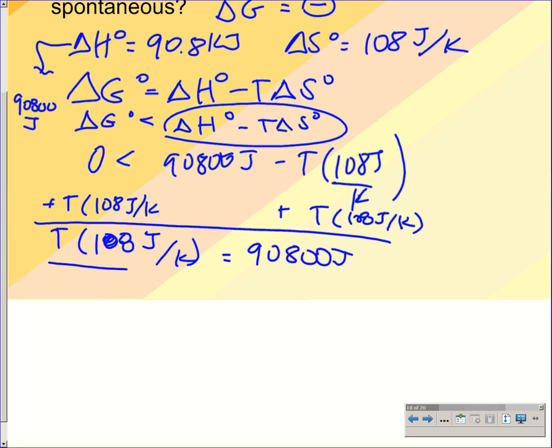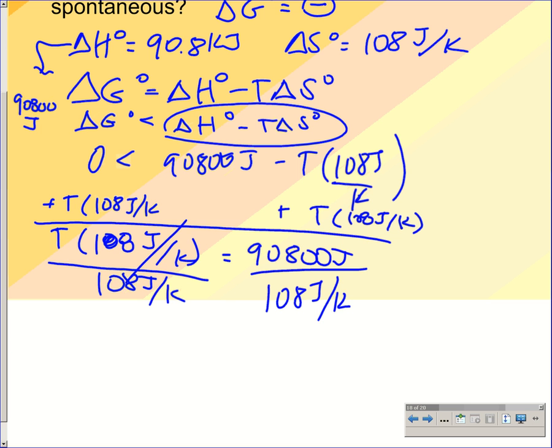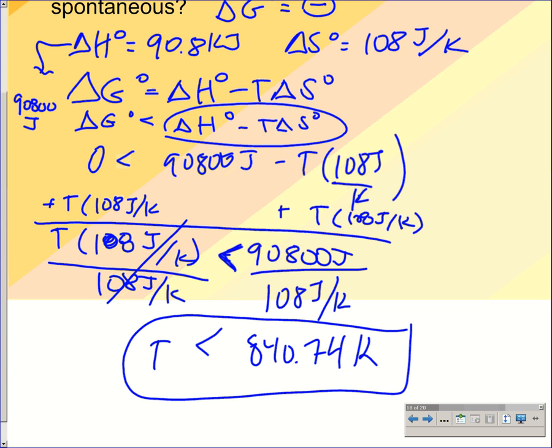Now you divide by 108 joules per Kelvin. This cancels out. T is, oh, I forgot my inequality. T is greater than whatever that division gives us, which is 840. So this will occur at any temperature above 840 Kelvin, which is really high.